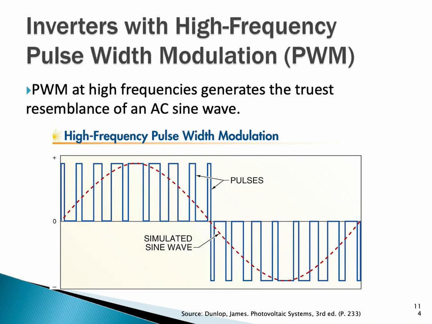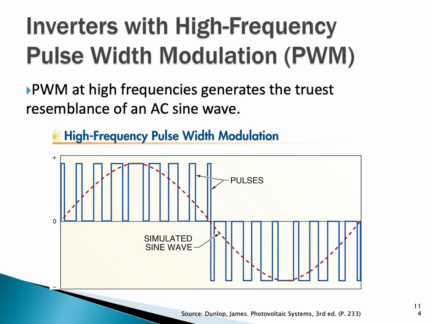They're going to use these pulses to simulate or build this bell curve, starting at the zero line up to a peak voltage, and then back down to the zero line and go in the opposite polarity, creating this sine wave. So this is called pulse width modulation, and it's this high-frequency switching that is going to turn on and turn off for different periods of time, in milliseconds or microseconds, to build these waves.